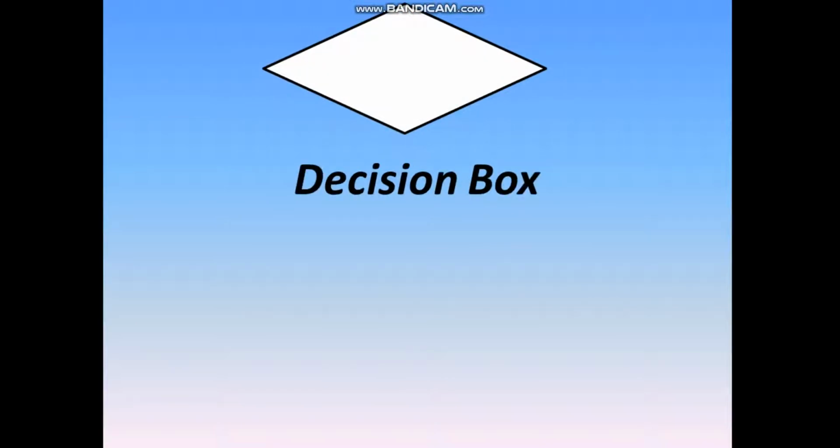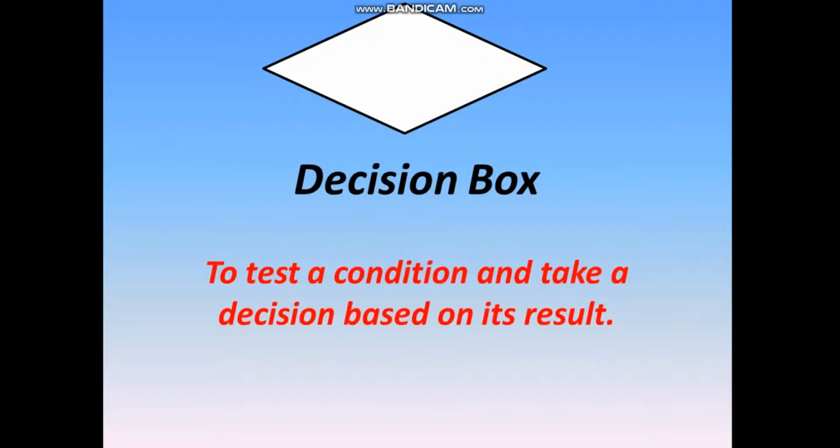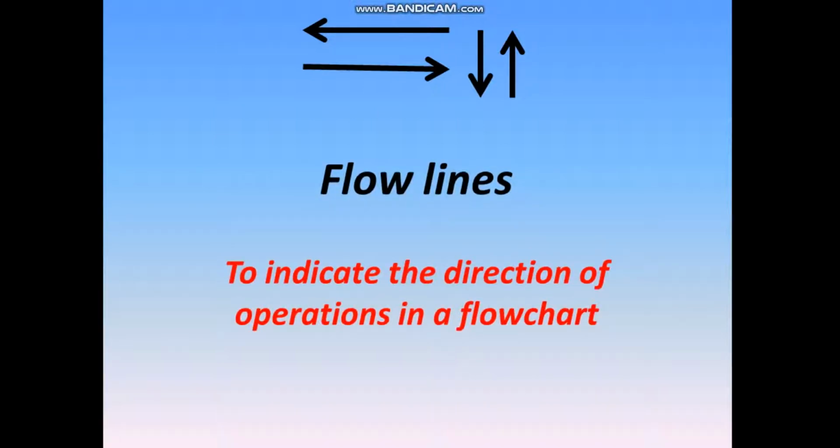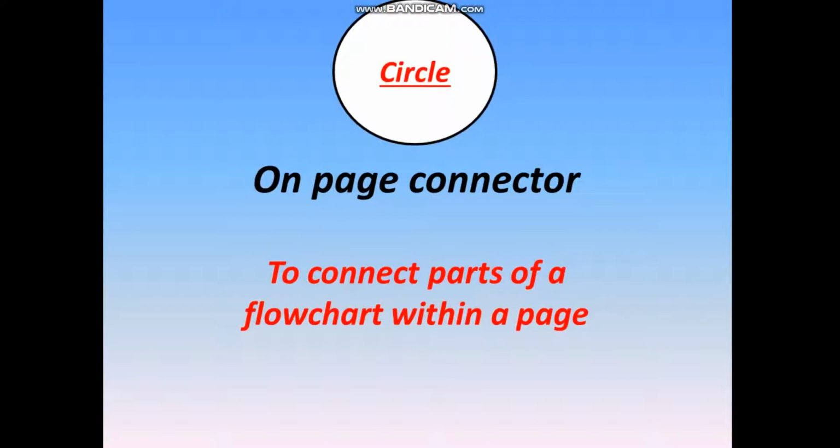After that, the decision box, which is diamond in shape, is used to put any condition and give an answer according to the condition. It can be yes or no. After that, there are flow lines, also known as arrow lines, which are used to connect one box or symbol with another one.